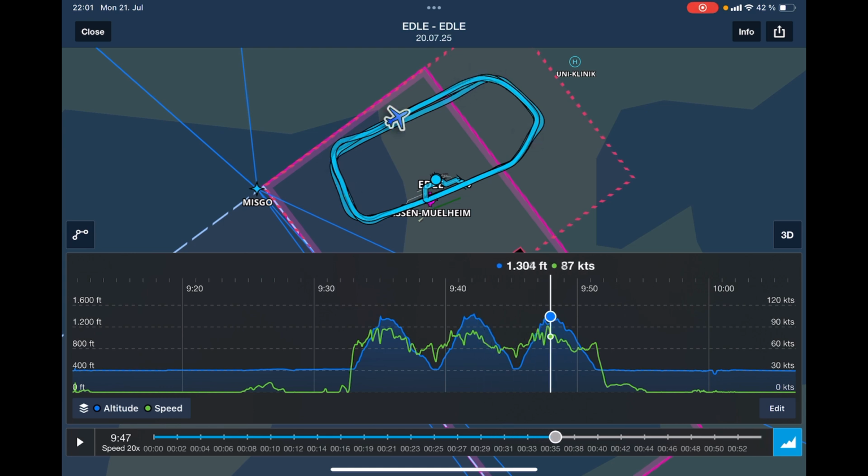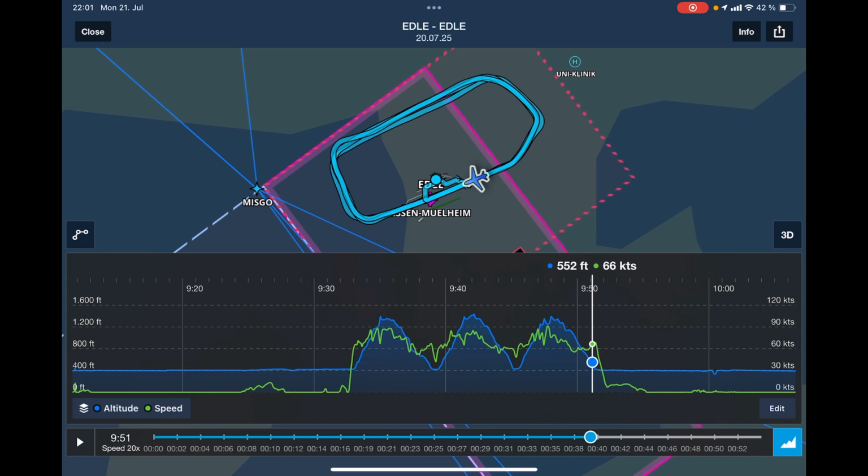Of course, this data is collected from the iPad, so it is probably not 100% accurate, but I could still confirm that the data collected is pretty good.